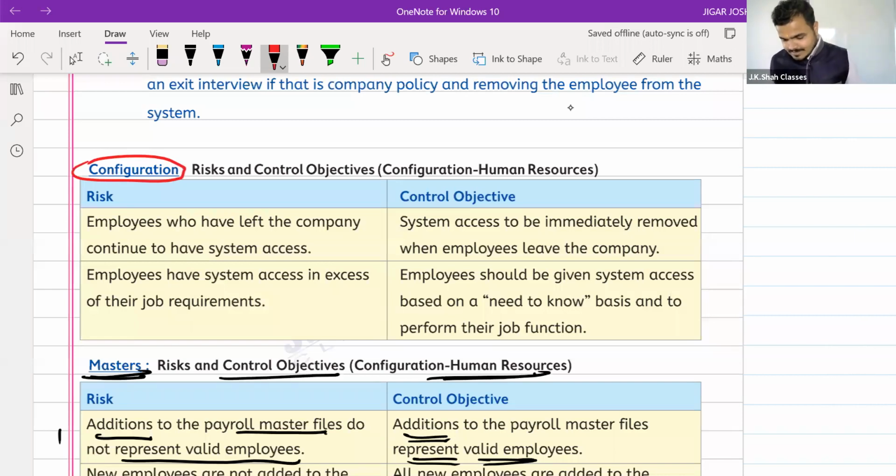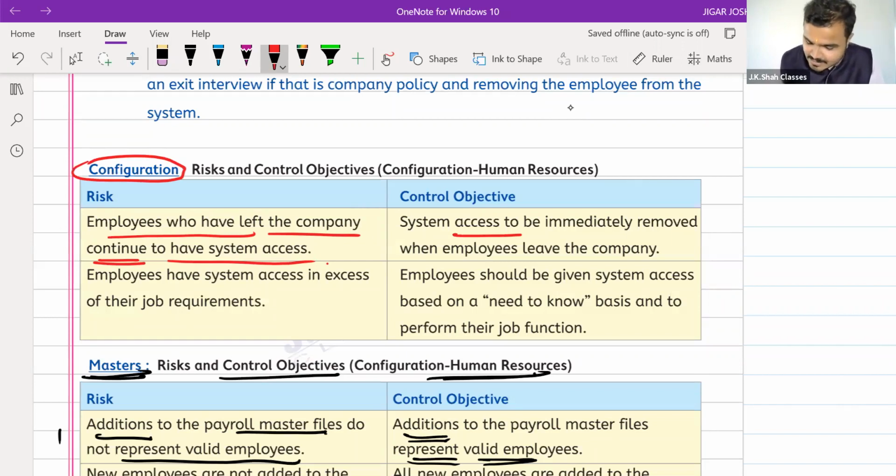So first risk, my dear child: employees who have left the company still have system access. So how to control it? Sir, system access should be removed immediately. His password and user ID should be defunctionalized when the employee leaves the company. Understood? Yes, sir.